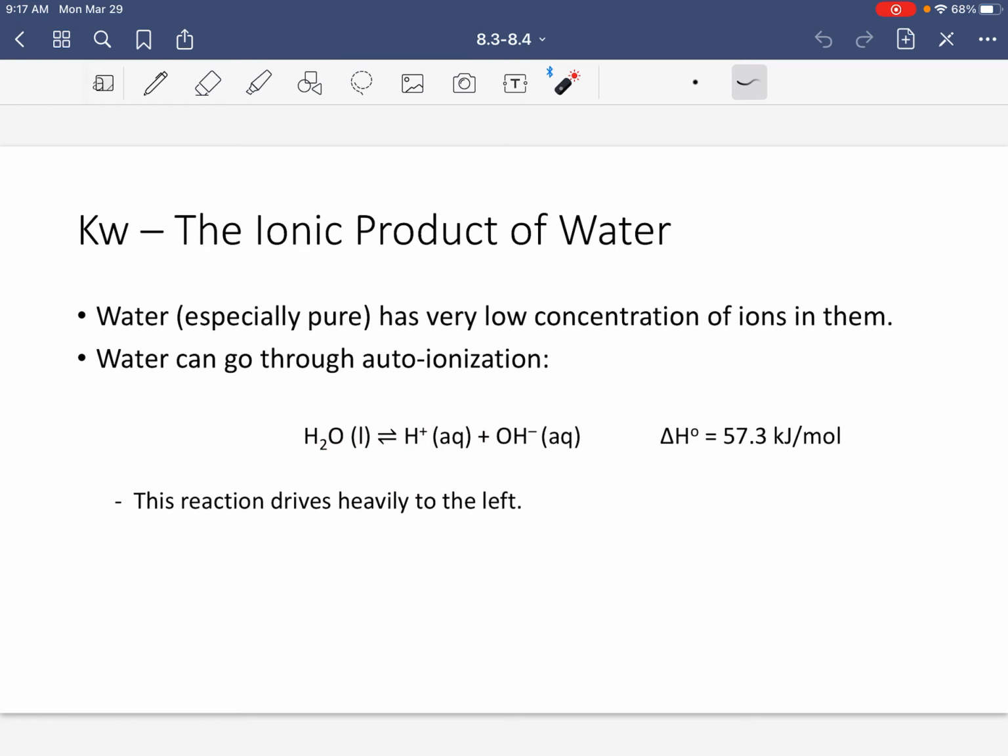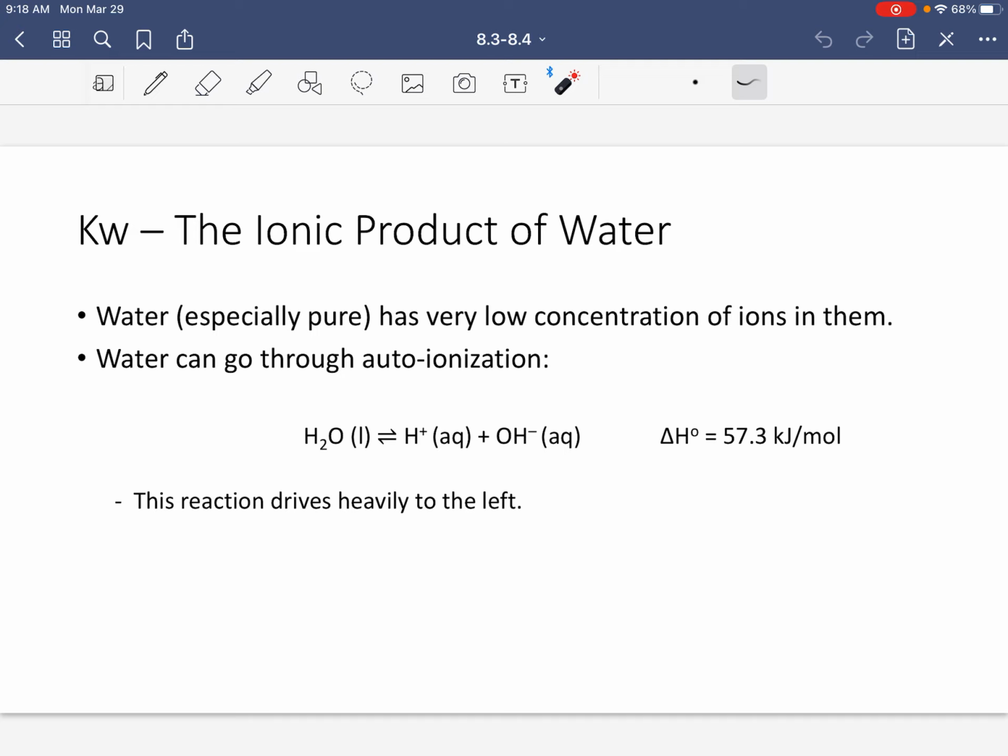If you're creating more H+, does that mean the pH will go down? Yes, the pH will go down. However, the overall solution is still neutral, because you can't forget about the OH-. Every H+ you make, you're going to make the same amount of OH-.